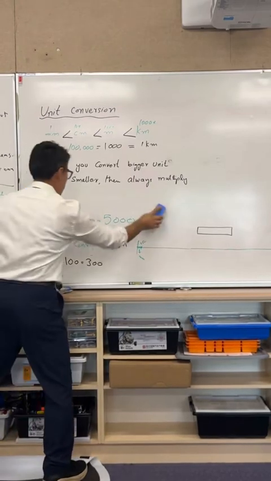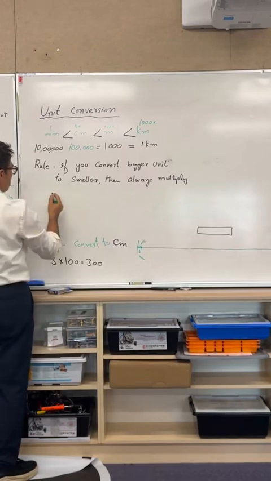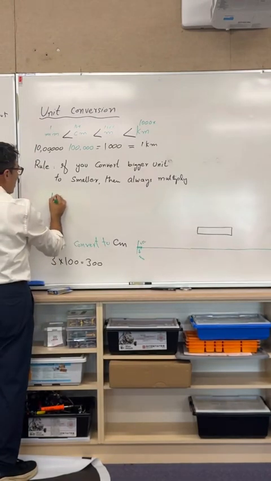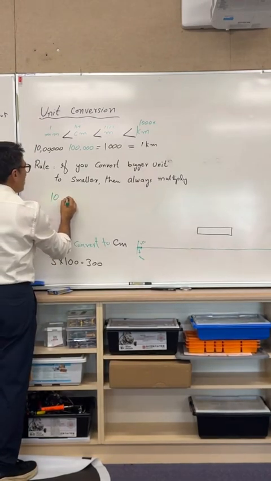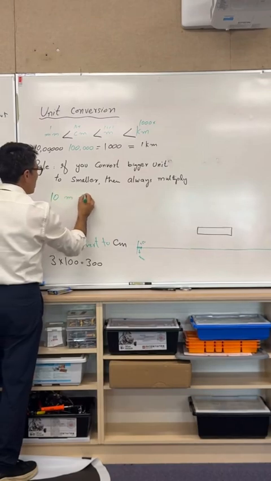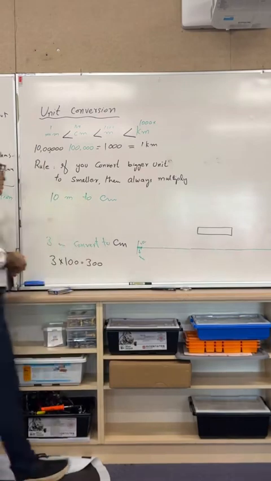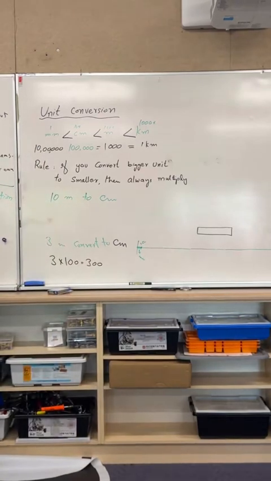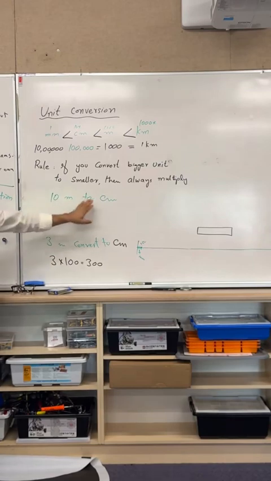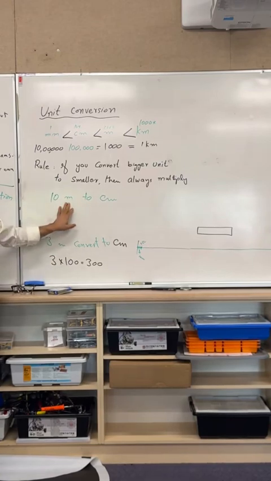I'm going to do this. 10 meter convert to centimeter. Now convert this into centimeter, guys. 10 meter to centimeter. 10 times 10? Yes, 10 times no. How many centimeter you have in 1 meter?